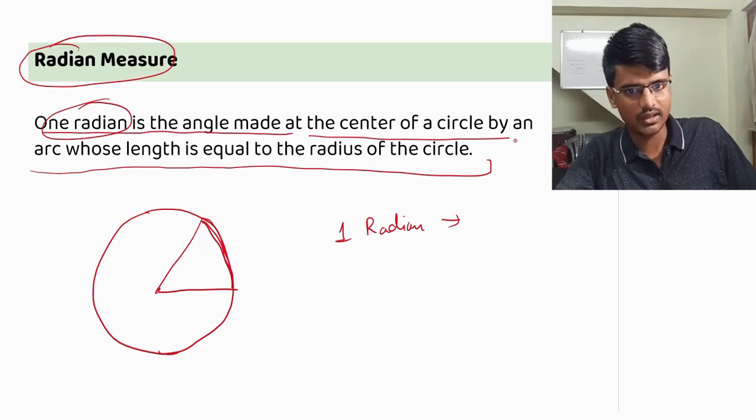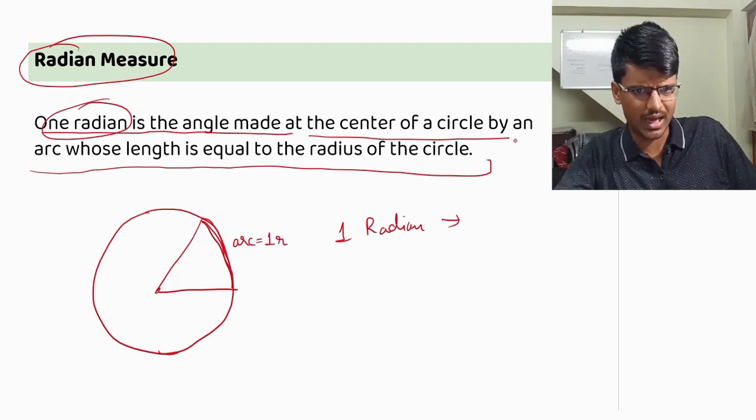If this arc length is equal to r units, is equal to 1 r, let me just write it as 1 r. r can be anything. r can be 5 meters. r is here, let's say 2 meters. So this arc length, as it is 1 r, will become 2 meters.